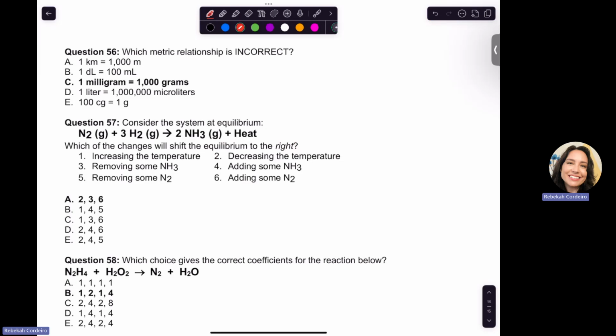Which relationship is incorrect? So a kilo is 1,000. That's correct. Deci and milli. So 1 deciliter equals 10 to the negative 1 liters, and 1 milliliter equals 10 to the negative 3 liters. And you could literally do a conversion if you wanted to.